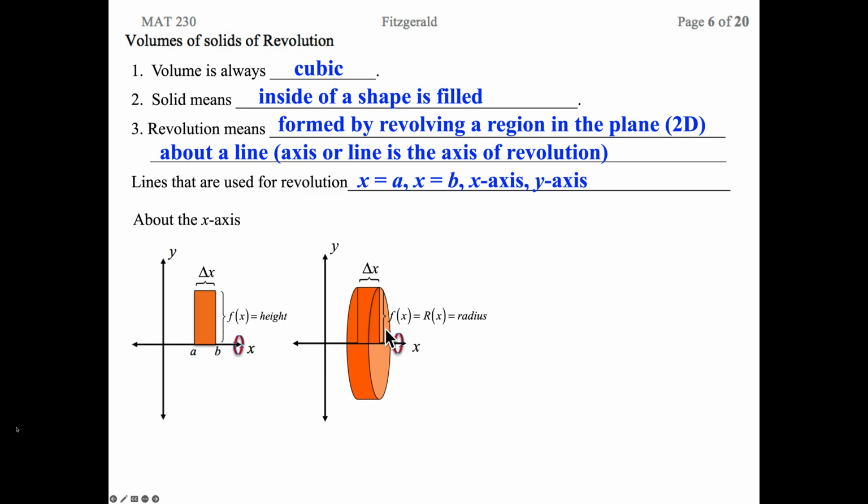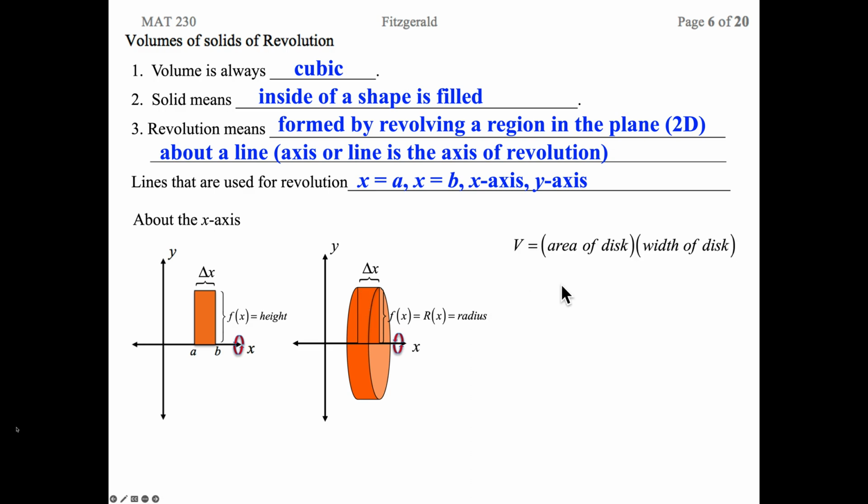Now your height, f of x, is going to be called the radius of my circle. We'll call that capital R of x. Now we're going to find the area of this circle and multiply it by the thickness of our wheel of cheese, or we'll simplify it and call it a disk.